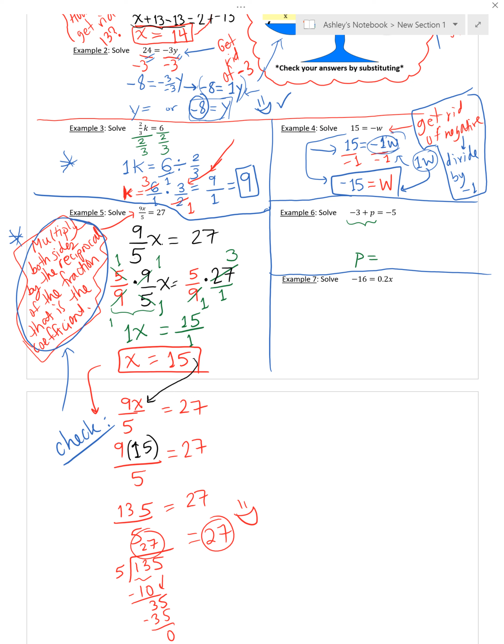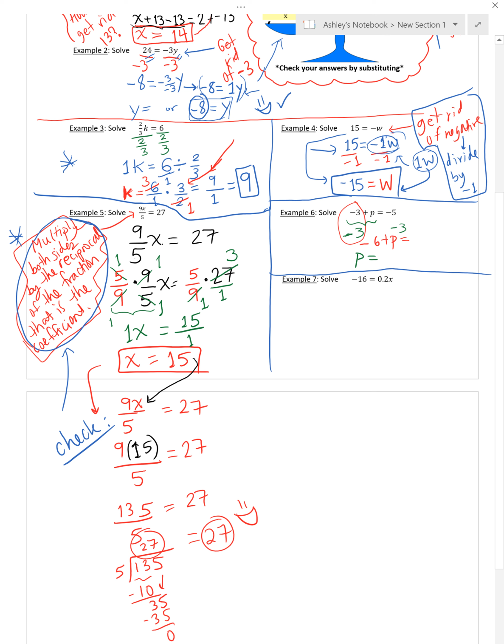So let's see. Actually, this is a kind of tricky one, huh? Because I'm thinking, all right, what's happening between the -3 and the p? Well, it's addition, but if I do the opposite of addition and subtract, well, don't write this down because it's not going to work, but let me subtract 3. That's not going to work because if I combine -3 and -3, that's -6.